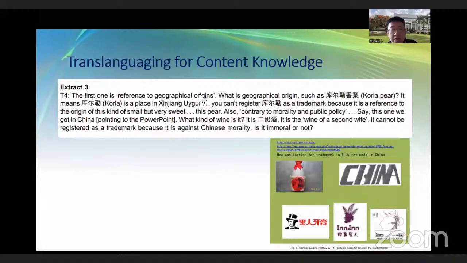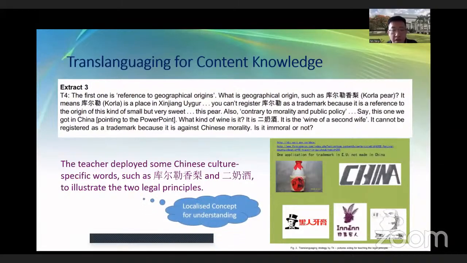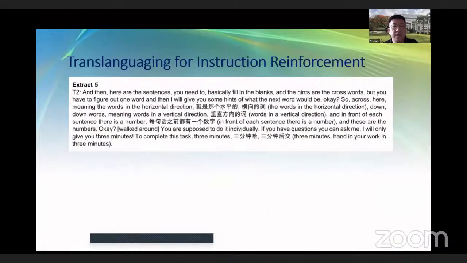Translanguaging for content knowledge: this is the local use of the term of a legal principle. Here are two legal principles that are very difficult to translate. So the teacher used translanguaging for content knowledge explanation, localizing the concept for understanding.